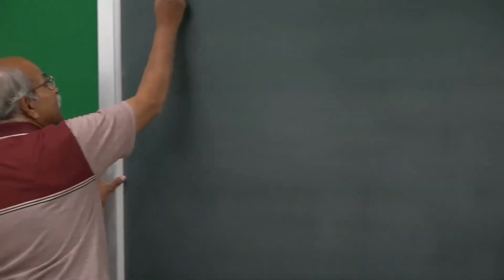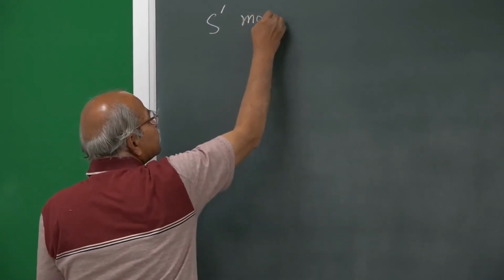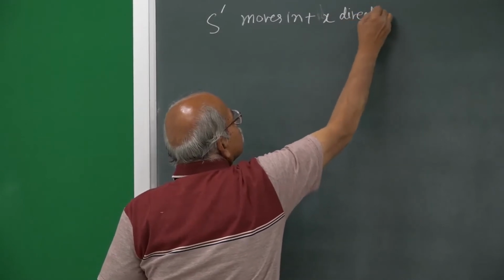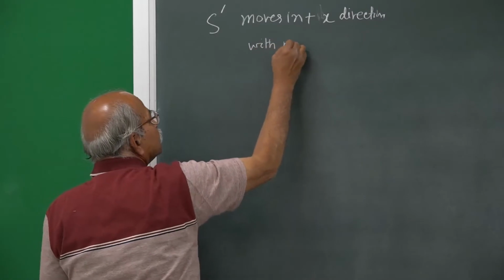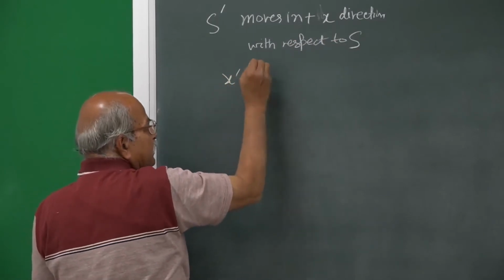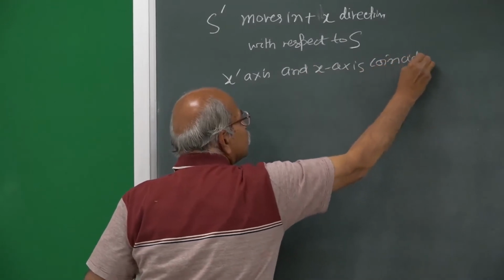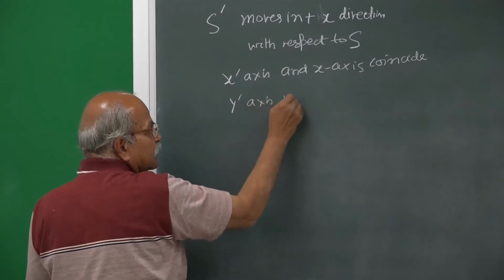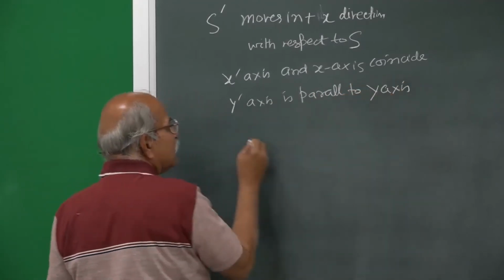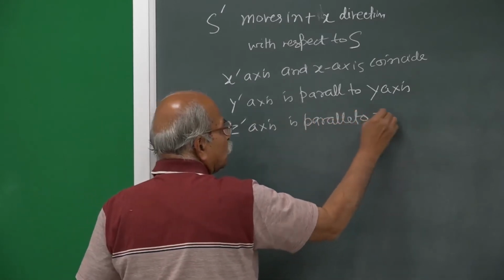From the very beginning I have said that whenever I use S prime, I will have this convention that S prime moves in positive x direction with respect to S, then x prime axis and x axis coincide all the time, then y prime axis is parallel to y axis all the time, and of course then z prime axis will be parallel to z axis all the time.